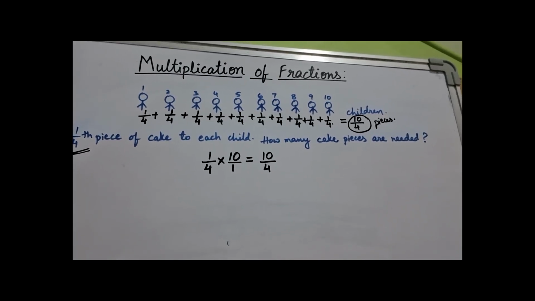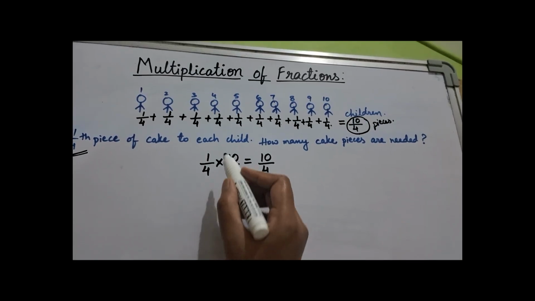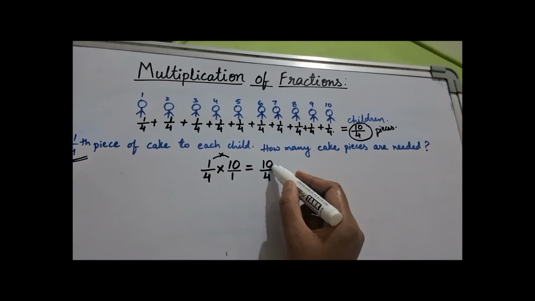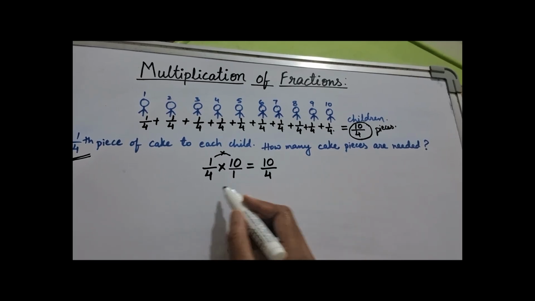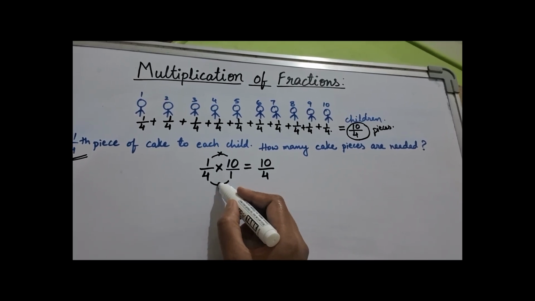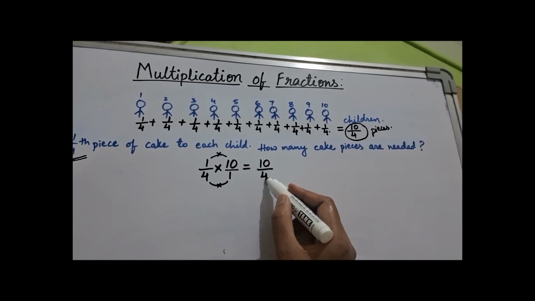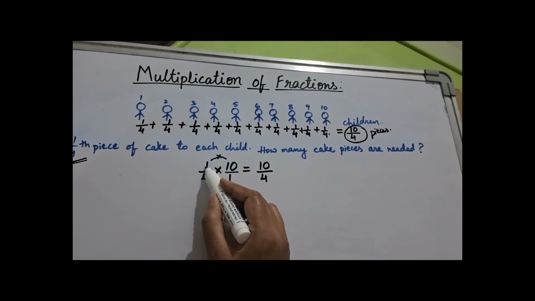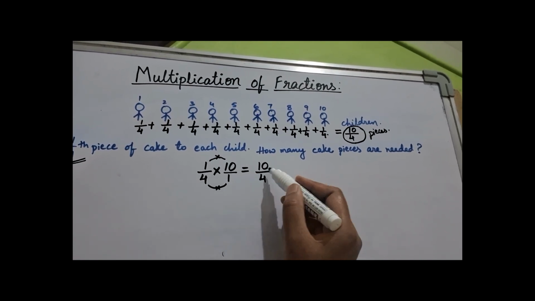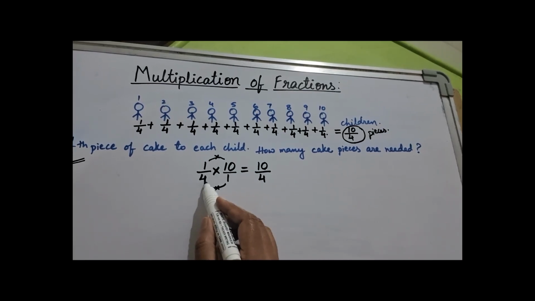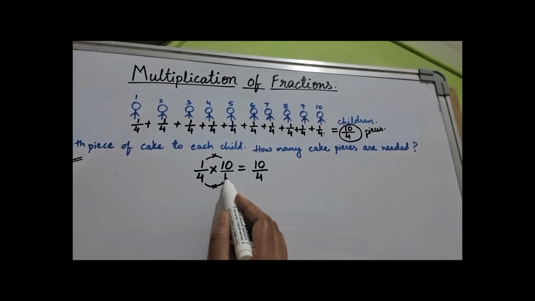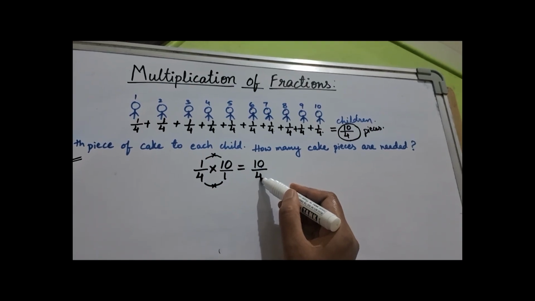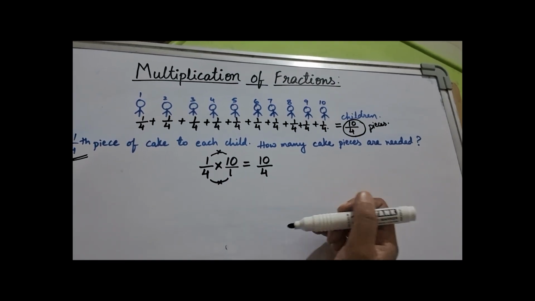Okay children. Now we can see here that numerator and numerator when multiplied, we get the numerator, and denominator and denominator when multiplied, we get this denominator. That means in numerator 1 multiplied by 10 is 10, and denominator 4 is multiplied by 1, we get 4 as the resultant denominator.